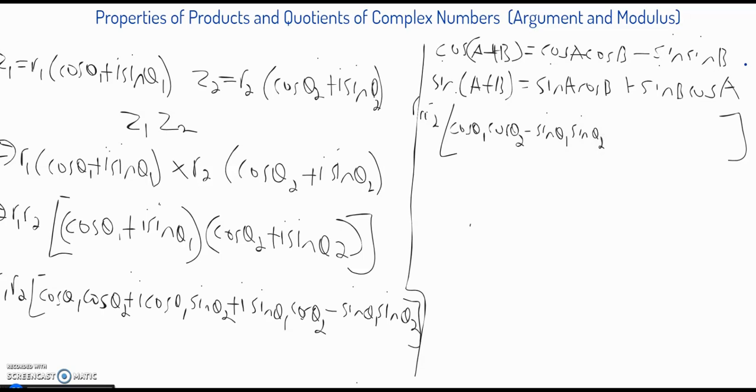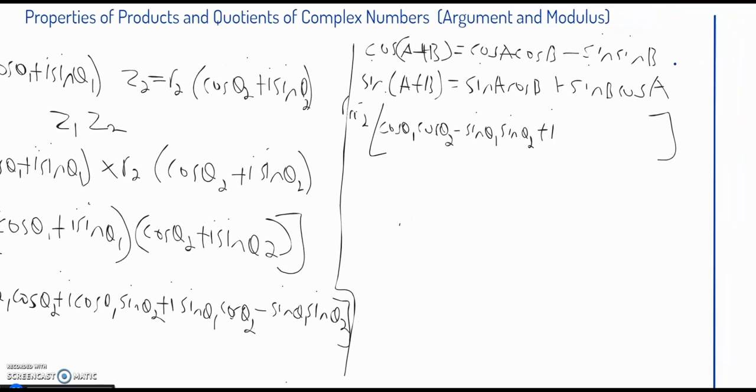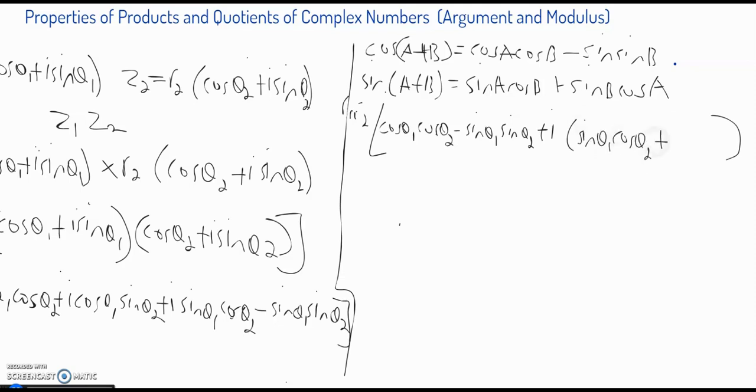In the middle, we can factor out the I, so I'm going to have plus I, and then the sine theta 1 cos theta 2 plus cos theta 1 sine theta 2.